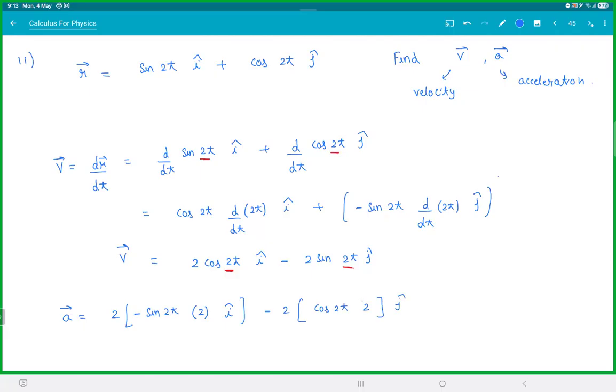That's your j cap. Then multiply this. So this is minus 4 sine 2t i cap and minus 4 cos 2t j cap. Anyone not clear with this, please ask. All clear with this?